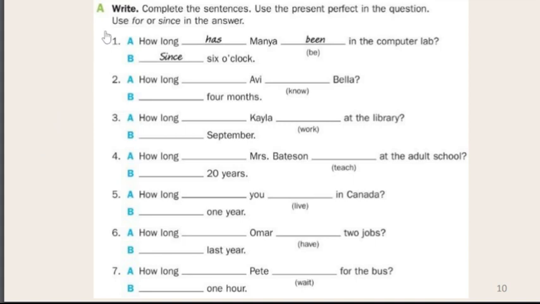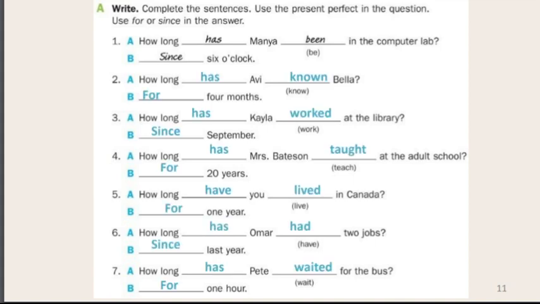And number 7, wait. Now let's review 1, 2, 3, 4, 5, 6, and 7. Let's read the examples 1 through 7 now that they are completed.